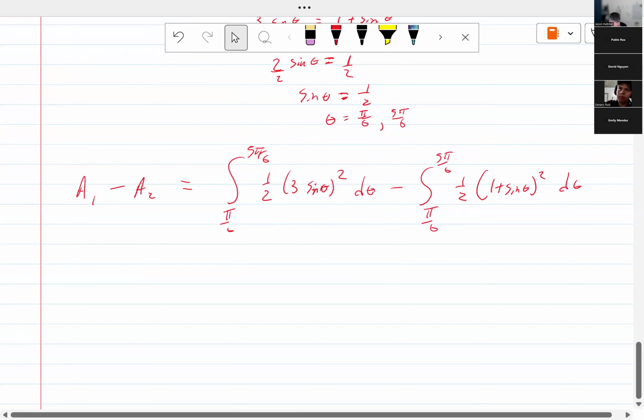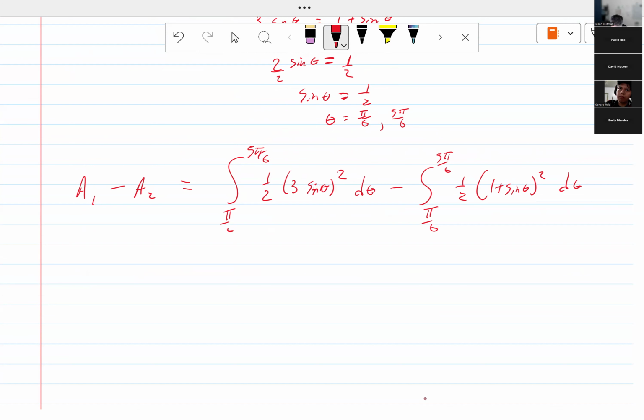Let's go ahead and solve these. I'm going to pull the 1/2 out in front here. This is going to be 1/2 times 9. I can actually pull out a 9/2, but let's not skip steps. From pi over 6 to 5 pi over 6, this is 9 sine squared theta d theta.